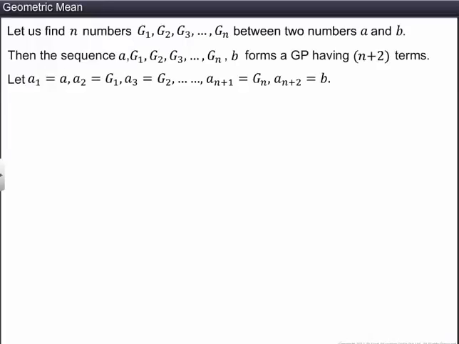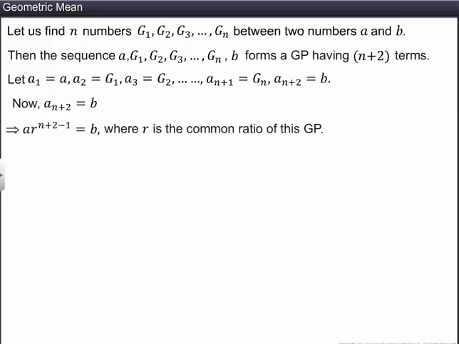This implies a into r raised to the power of n plus 2 minus 1 is equal to b, or a into r raised to the power of n plus 1 is equal to b, or r raised to the power of n plus 1 is equal to b upon a. This implies that the common ratio r is equal to b upon a whole raised to the power of 1 upon n plus 1.